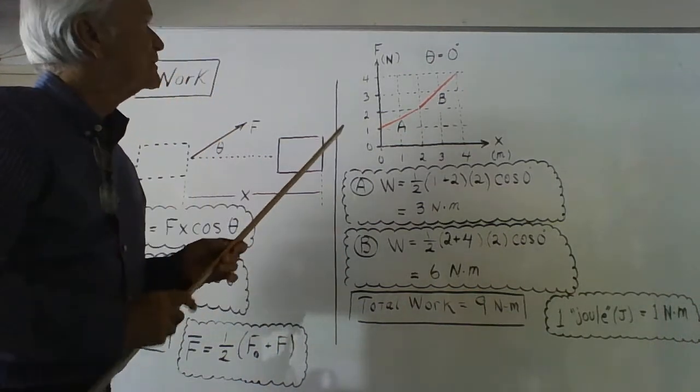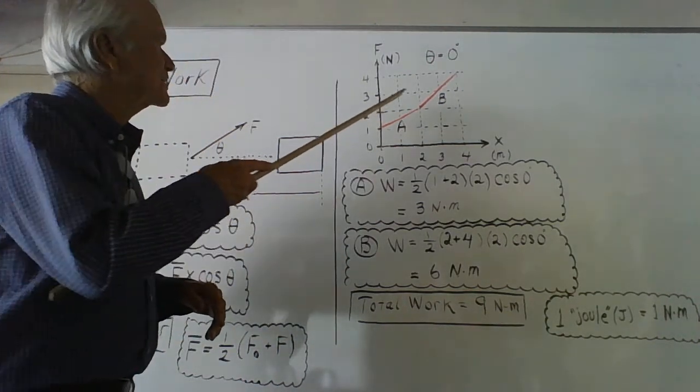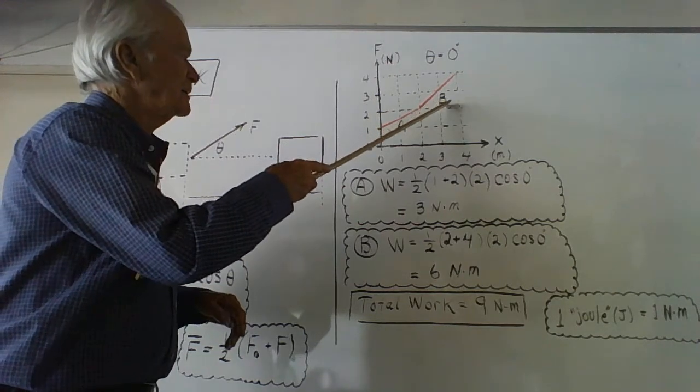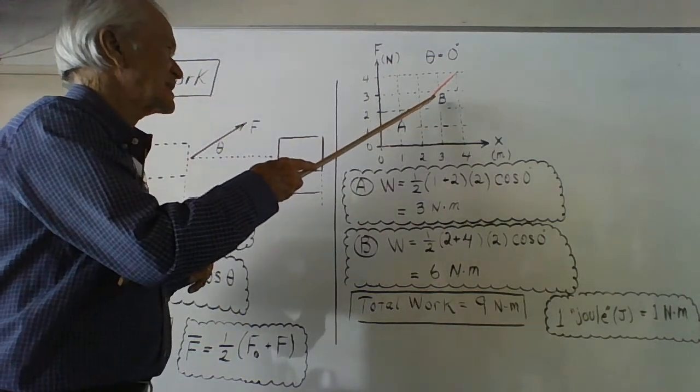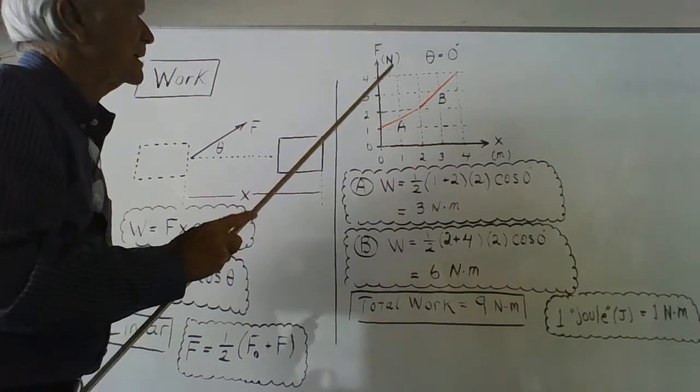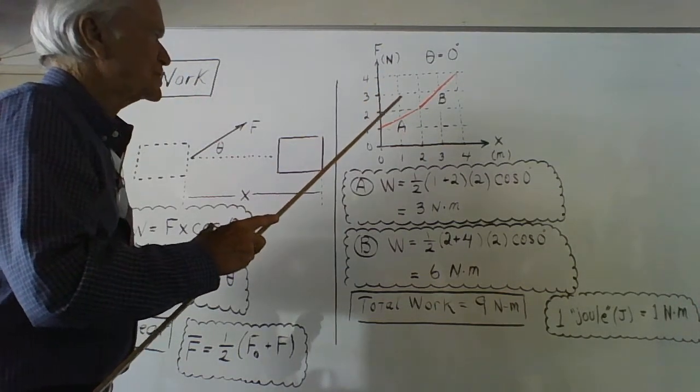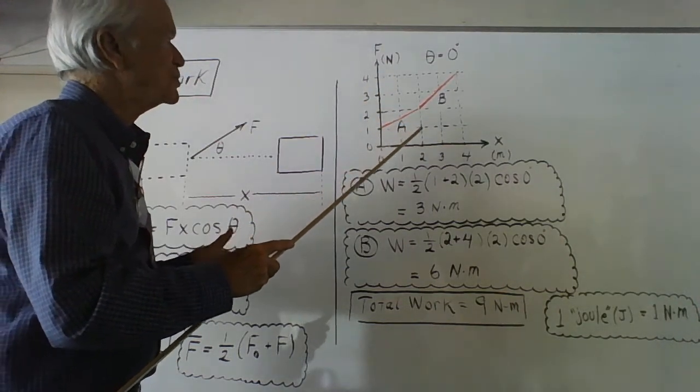The second part of the force, or the time period over which it acts, is labeled B. The force average is found easily enough using the middle value rule.